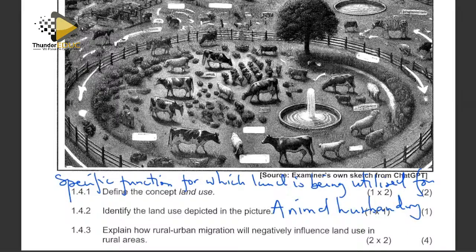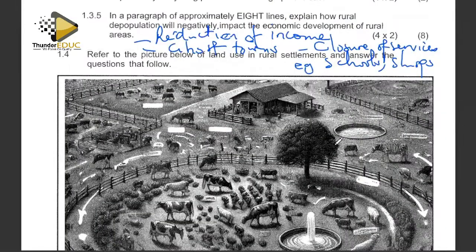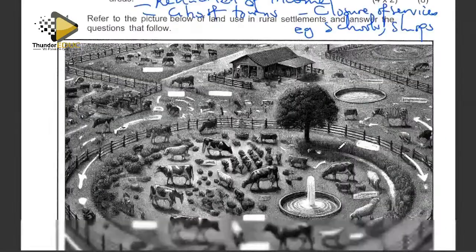We see there are sheep there, and also some cows, and most definitely maybe they are producing milk, and maybe they are also producing some products from the sheep. And we can see that's the nature of the farming which is taking place on that particular geographical space.